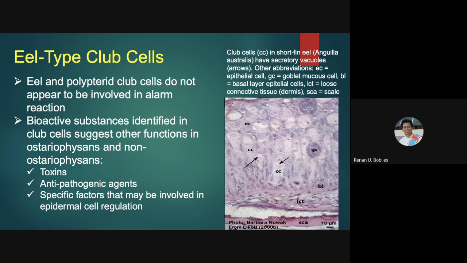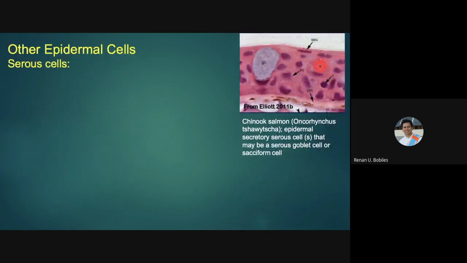So these are other functions of club cells, not just in Ostariophysans, but in other groups of fish that have club cells. Okay? So, other epidermal cells.